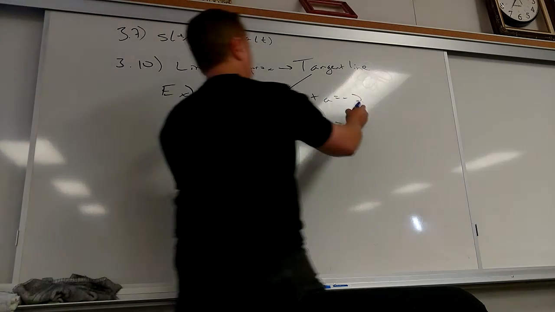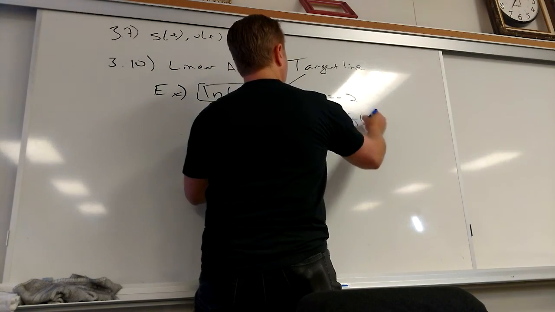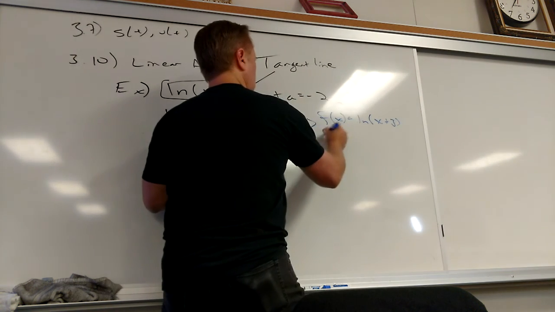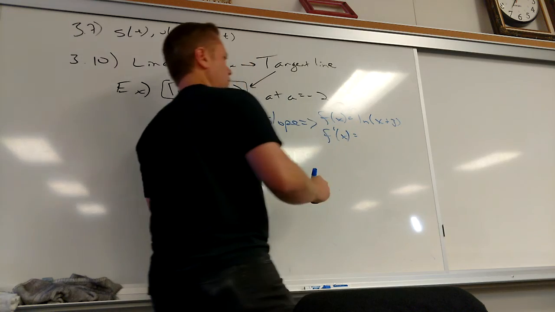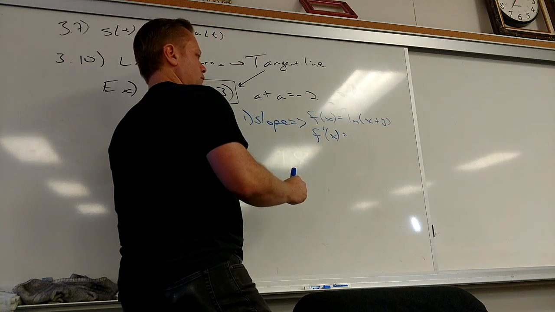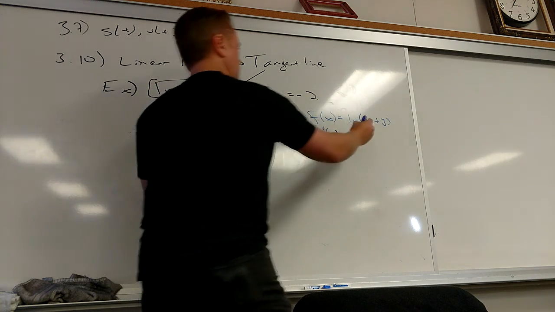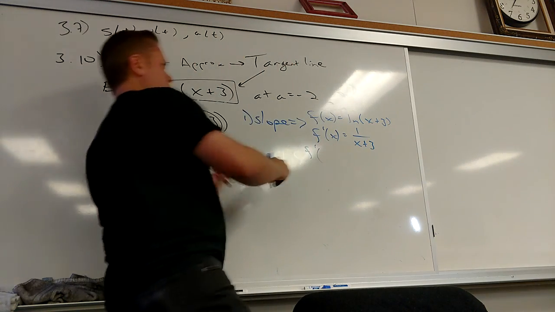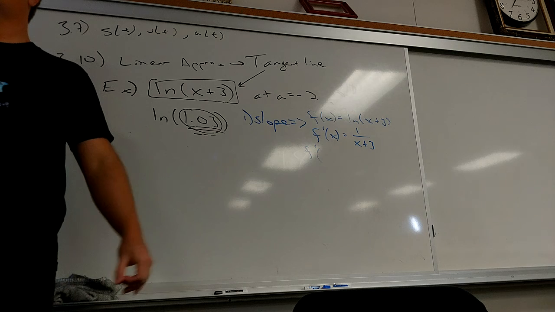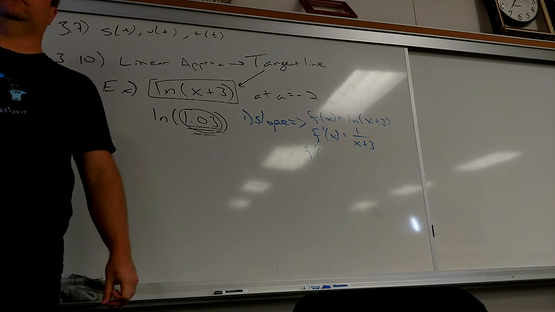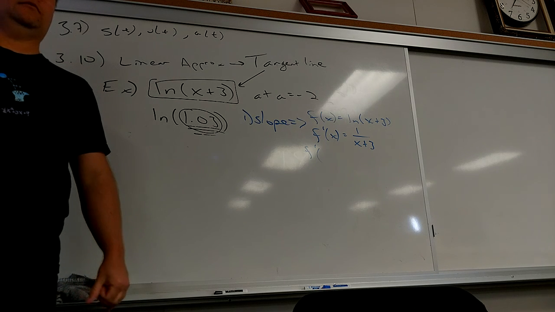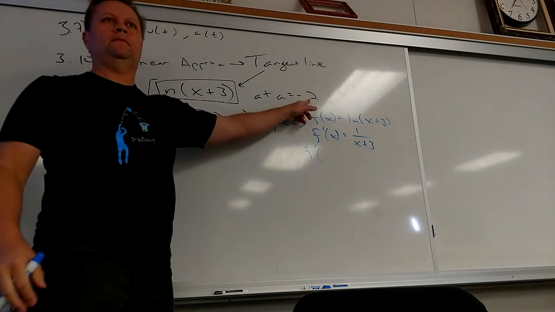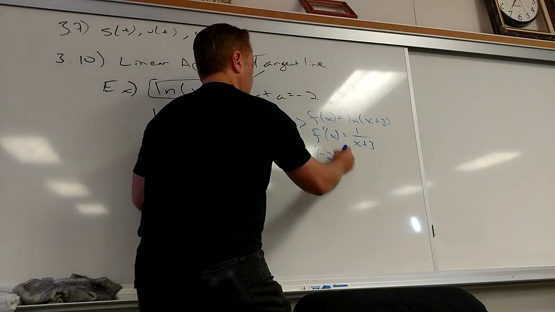So then, what's the derivative of this? And I want the slope at what value? All right, so what's f prime of negative 2?